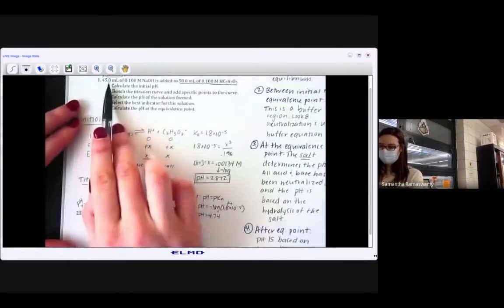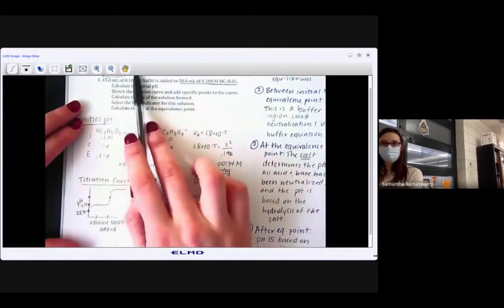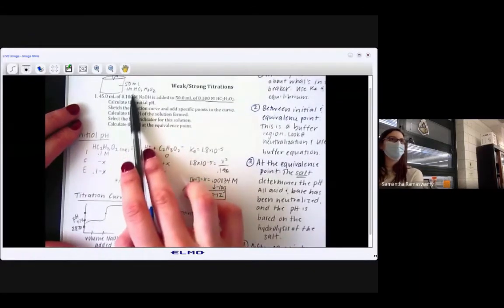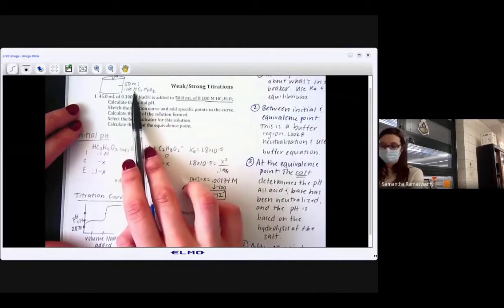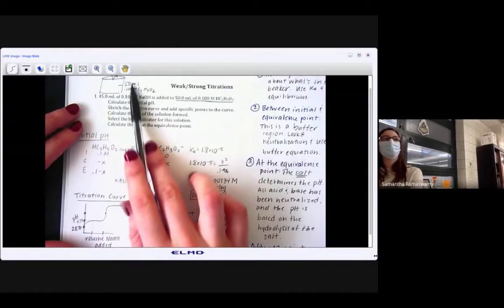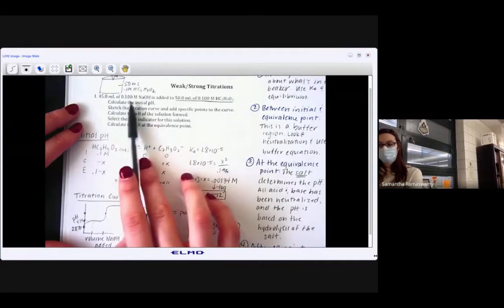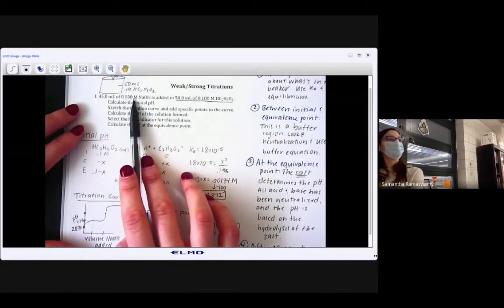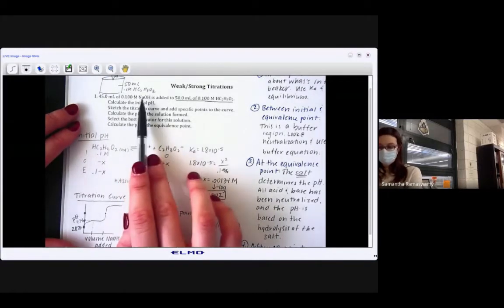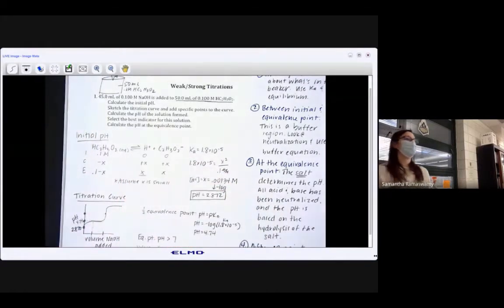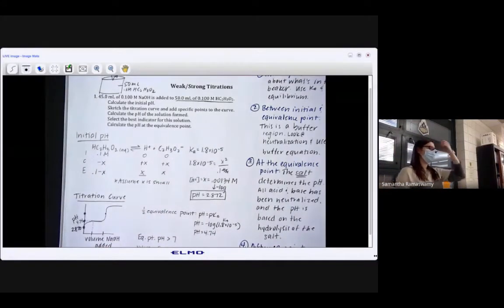I know in the beaker I had 50 milliliters of 0.1 molar acetic acid. I could use this to figure out how many moles of acetic acid we have. Here's the molarity of NaOH. If I know that moles of acetic acid equals moles of NaOH, I could use moles of NaOH and molarity of NaOH to figure out the volume needed at the equivalence point.